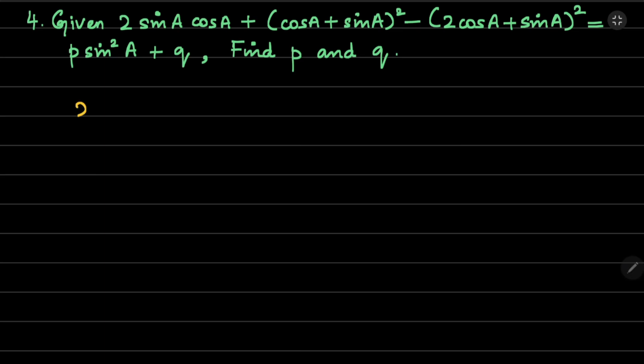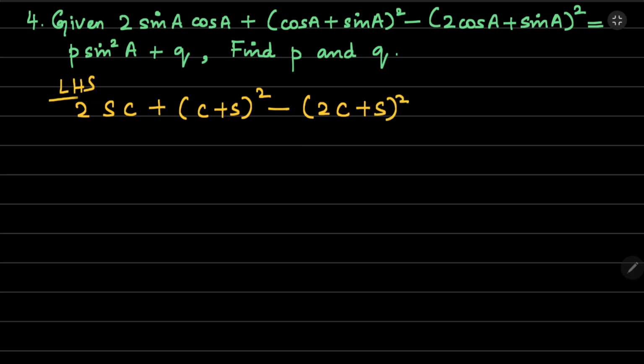So what is given is 2 sin A cos A plus sin the whole square minus 2 cos plus sin the whole square. I'm just taking the LHS. Right? Okay, now let's open the bracket.